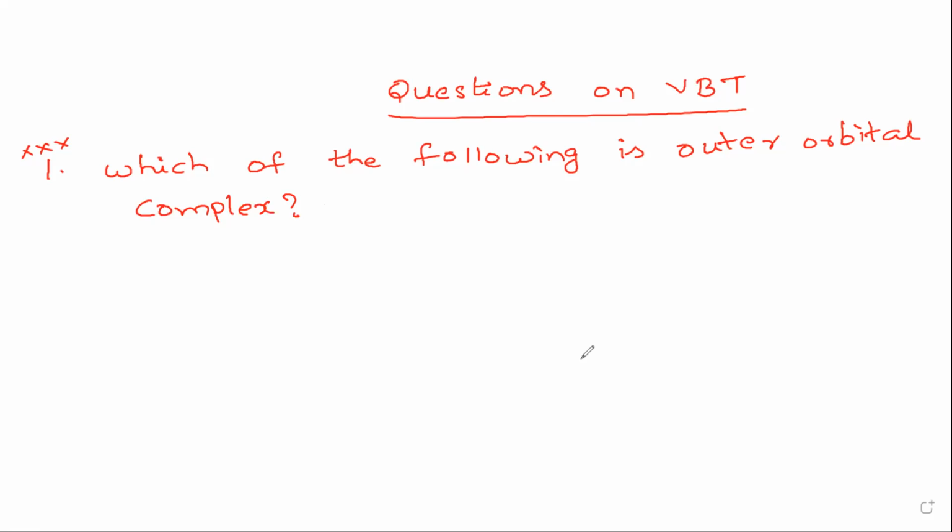Let us see now. Option A, cobalt hexafluoride 3 minus. Simple, easily you can say now.